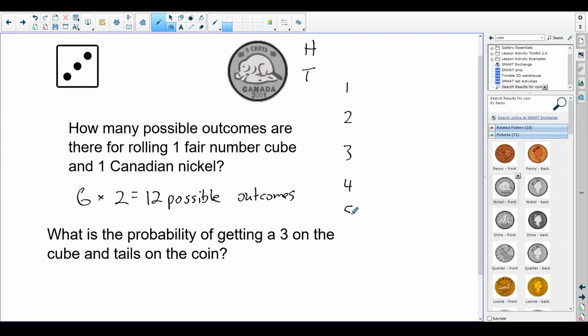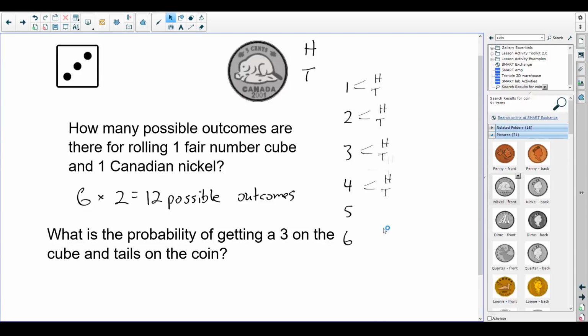If we look at it, we write out our sample space. So if we look at all the things that can happen, right?